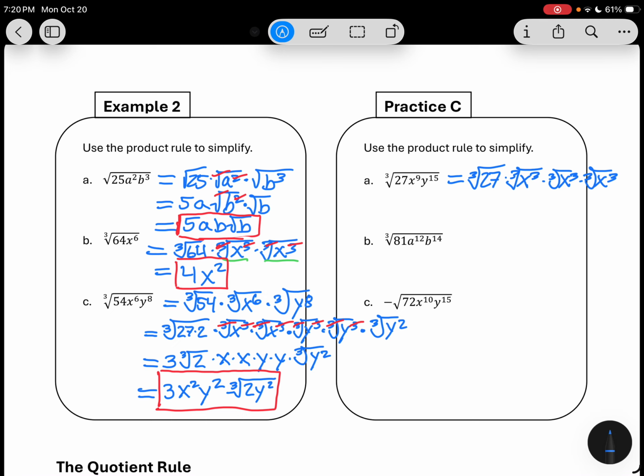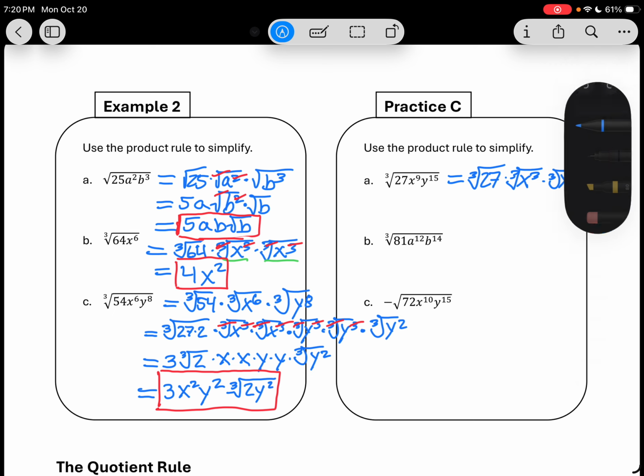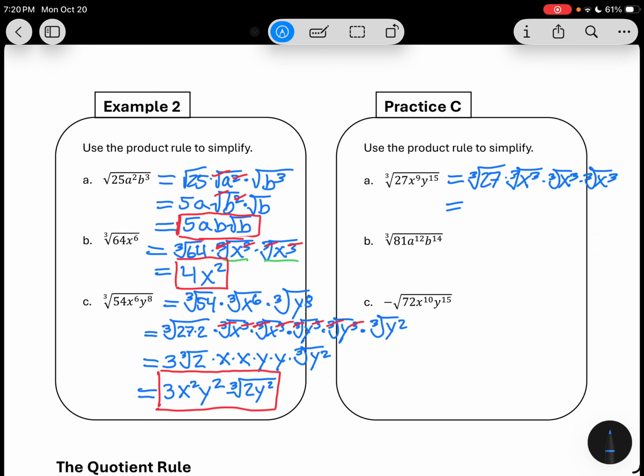However, do you notice how there would be 5 y's left over when you split up the 15 into 5 groups of y to the 3rd? So that would leave us with 3x cubed y to the 5th.